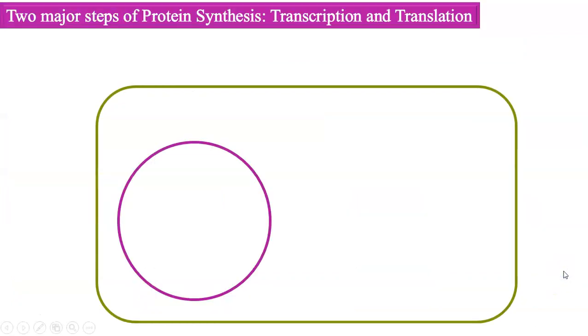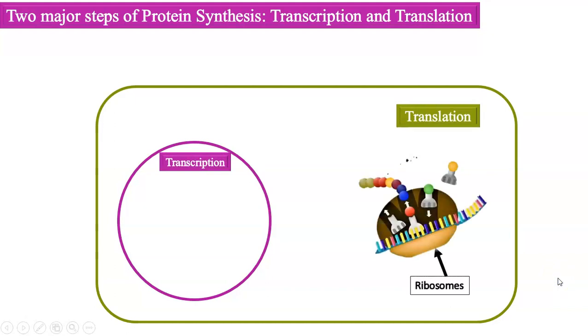The two major steps of protein synthesis, as mentioned earlier, are transcription and translation. The transcription occurs in the nucleus and translation in the cytoplasm on the ribosome.